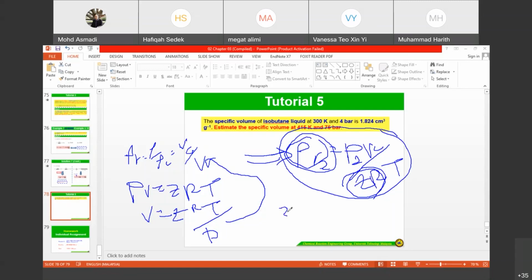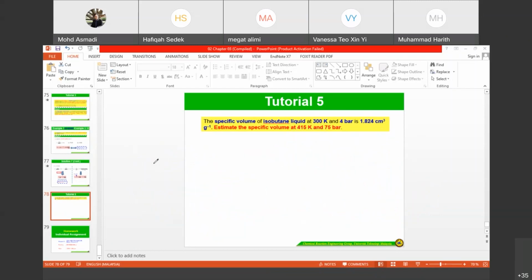You have to determine Z naught and Z prime, and finally calculate Z. Once you determine Z, you substitute into this equation and calculate the value of rho R2.